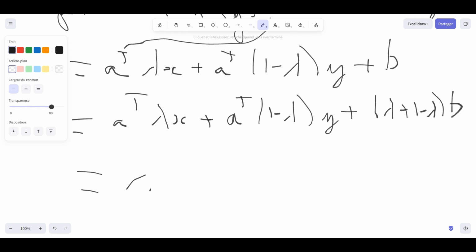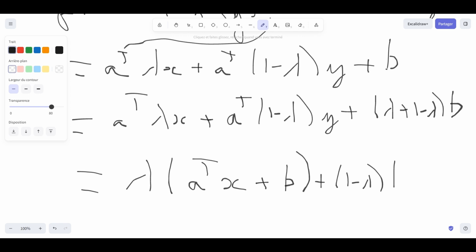So you have lambda factor of a dagger x plus b, plus 1 minus lambda of a dagger y plus b.